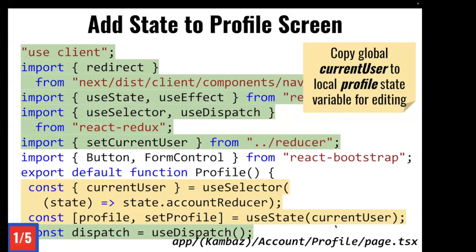And we're going to initialize it with the current user that we are pulling from our global state variable. We copy our current user as the initial value of the profile so we can edit it. And then when we edit it, we can save it, updating the current user using a dispatch and sending the profile to update the current user globally.